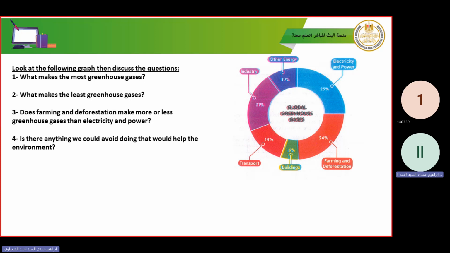And question number four, is there anything we could avoid doing that would help the environment? You can think of hundreds of things that we can do to help our environment. In my opinion, we urgently need to use cleaner forms of energy.